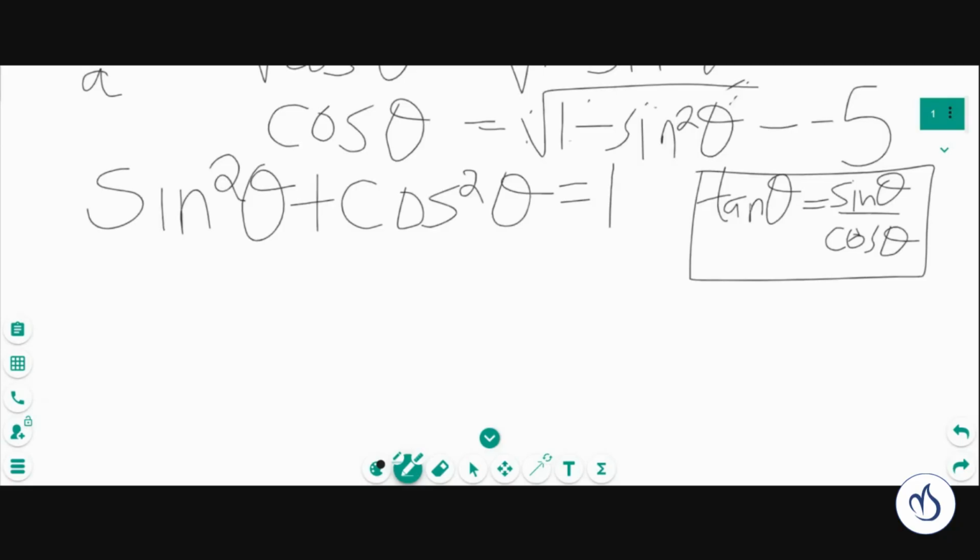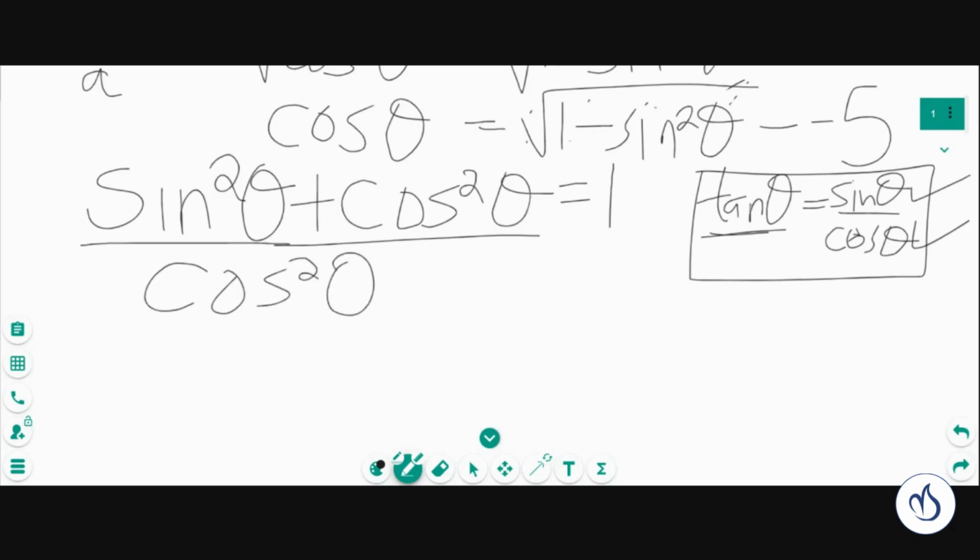So I want to generate an identity in form of tan from this one, because I know sine over cos gives me tan. Since I have here sine squared, I'm going to divide by cos squared.